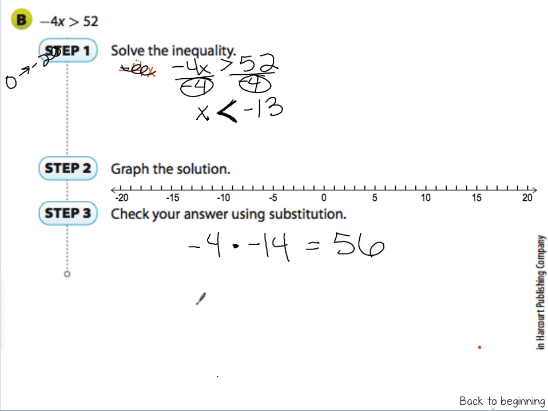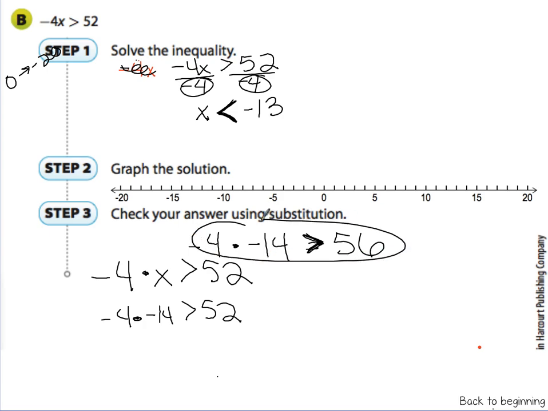So is this greater than? Again, I have to put it back into my original, because it's negative 4 times x is greater than 52. Okay, so here, what I want to see is negative 4 times negative 14, is it greater than 52?